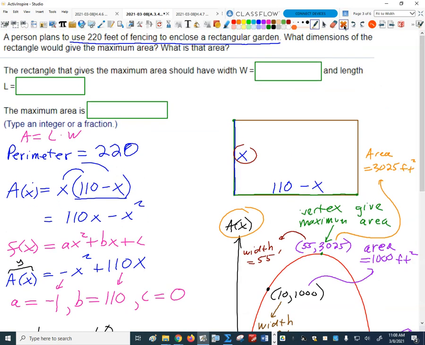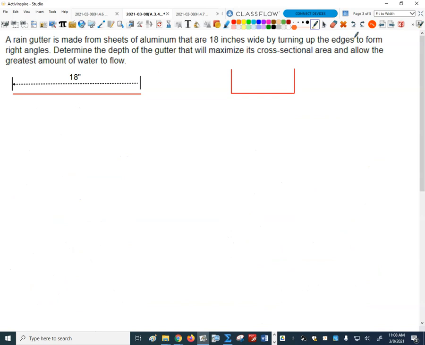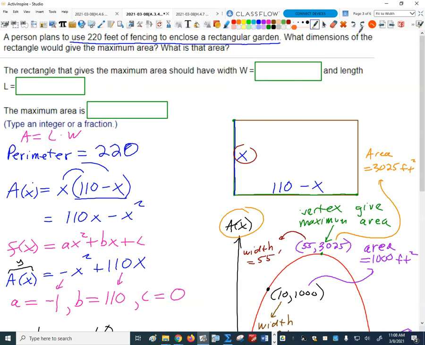So what's that tell us then? Well, it tells us that the width has to be 55, right? The maximum area we calculated is 3025 square feet. And what's the length? Well, if we look at our picture right here, if x is 55, I could plug 55 in right there, couldn't I?